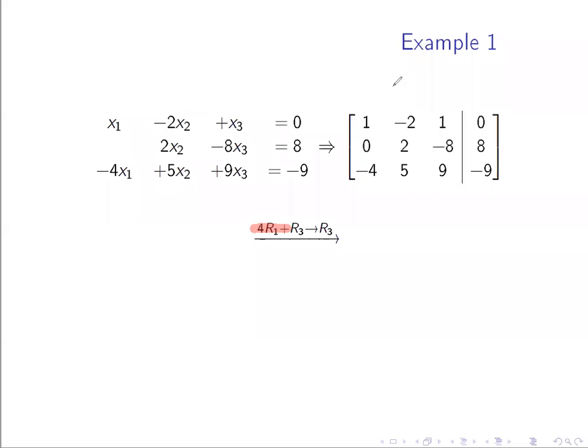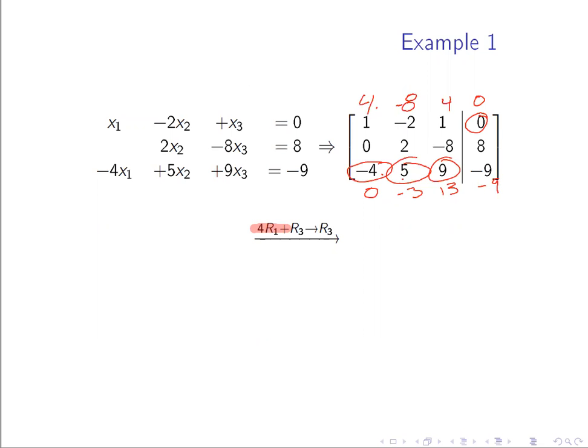Let me write what that is right above row 1. So row 1 is going to become 4, -8, and 4. And I'm going to add those individually down to this row. So I would have 4 and 4, which is 0, -8 and 5, which is -3, 4 and 9, which is 13. And then don't forget our last one, which is 0 plus -9, which is -9.